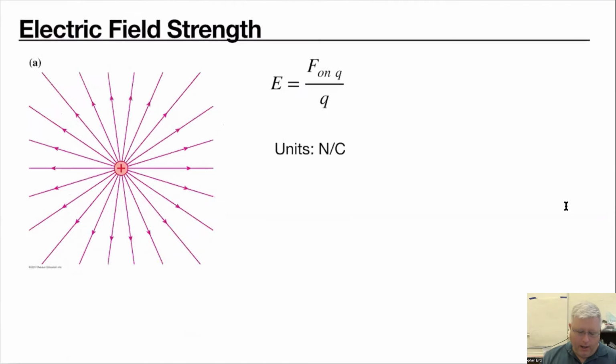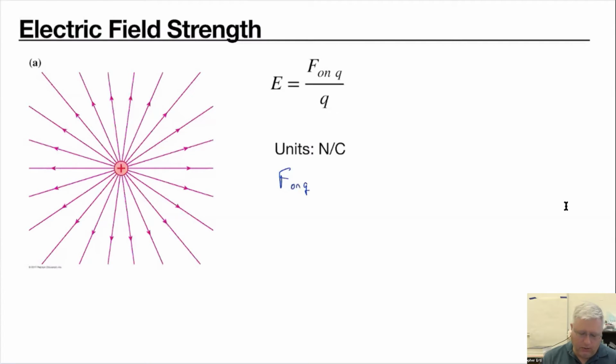So the electric field strength is equivalent to the force exerted by the field on the charge, and the units are newtons per coulomb. And we could also rewrite this in terms of the force on q.